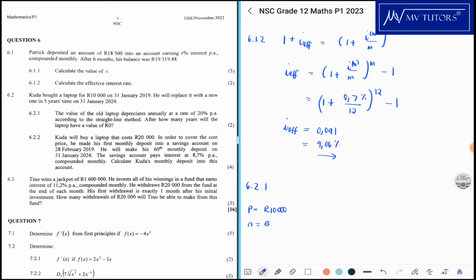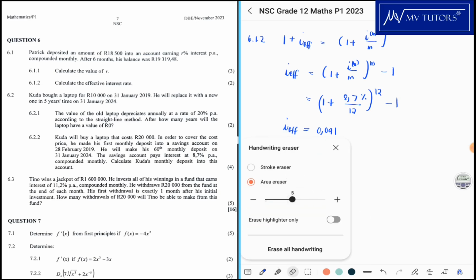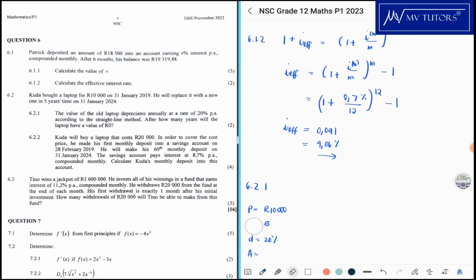We know that the rate of depreciation, it's going to say D, that's 20% per annum. And according to this question, we're actually solving for N, so we don't know what N is yet. Let us just keep that as a question mark. And when are we getting to 0 Rand?